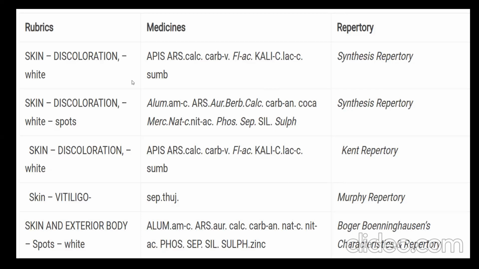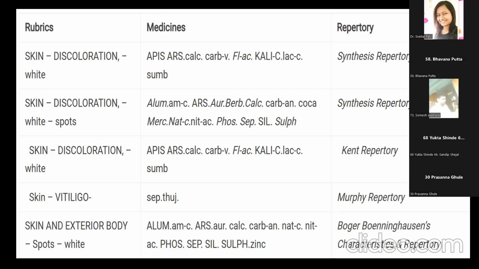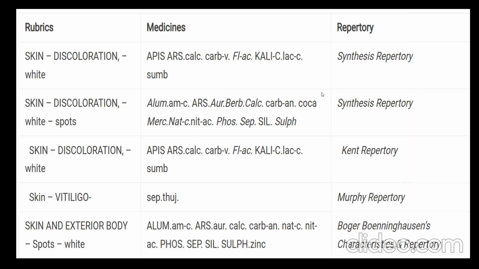These are the rubrics which are found in repertories like skin discoloration white spots. In Kent repertory, skin discoloration white. In Murphy repertory, directly skin vitiligo. Then skin and exterior body spots white in BBCR.